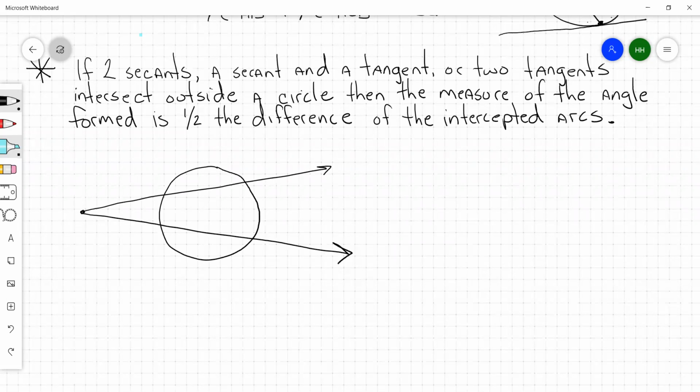Here's another secant. That's two secants intersecting outside of a circle. In this case, the measure of angle A is equal to 1/2 of arc DE minus arc BC.